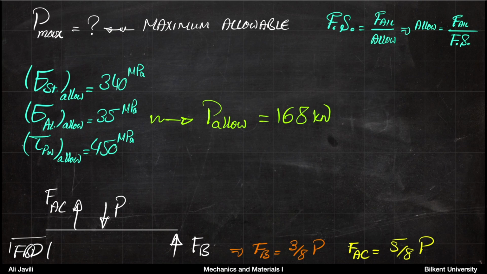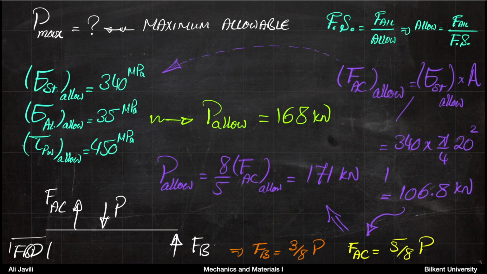Now we come to the next part. Thinking of what happens to the rod AC, again, you remember that the force in AC can be calculated by stress times area. You know what is the allowable stress, you know what is the area, so the dimensions are given, and from that you can calculate FAC allowable. Okay, so this is 106.8 kilonewton.